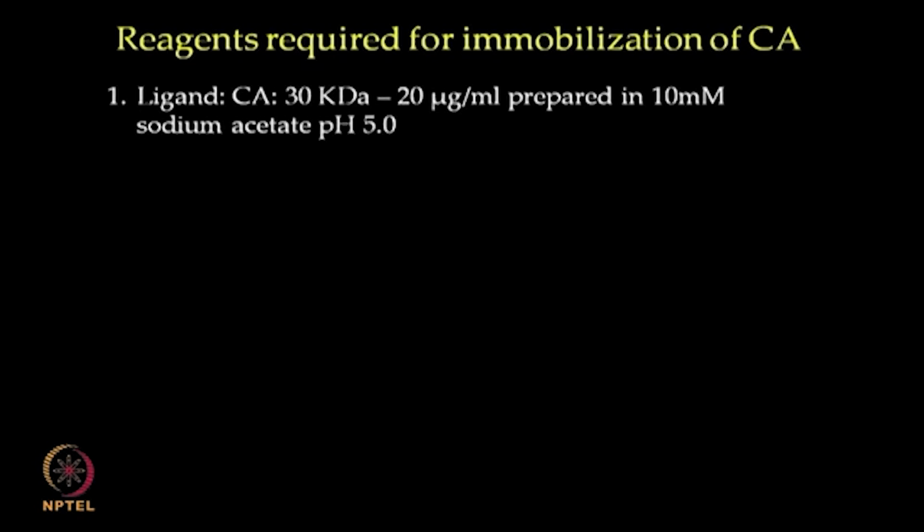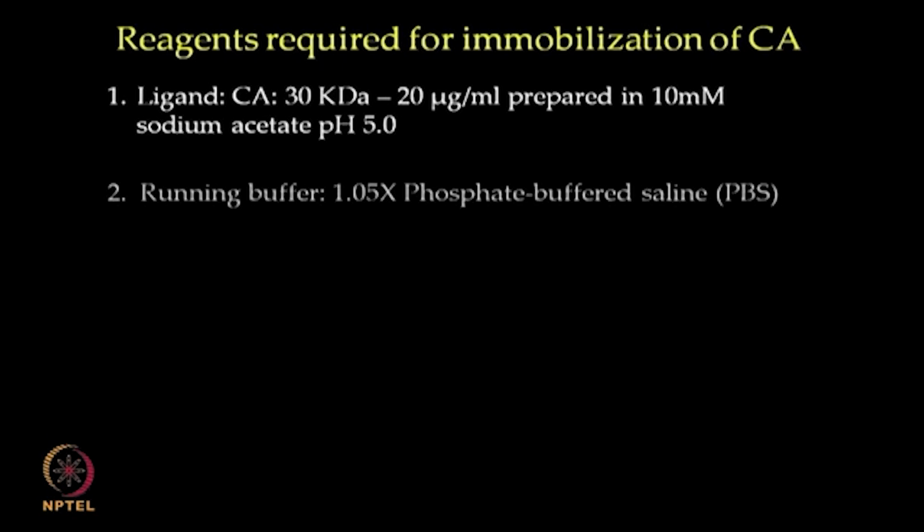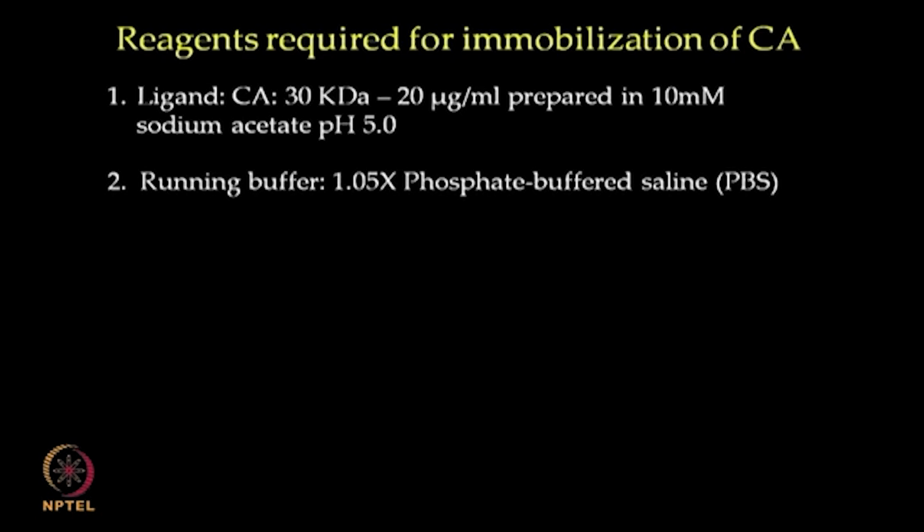The ligand is prepared at a working concentration of 20 microgram per ml using an immobilization buffer of 10 millimolar sodium acetate pH 5. We will be using 1.05x PBS buffer as the running buffer, which will be connected to the system followed by priming.